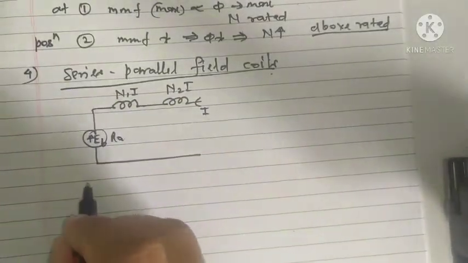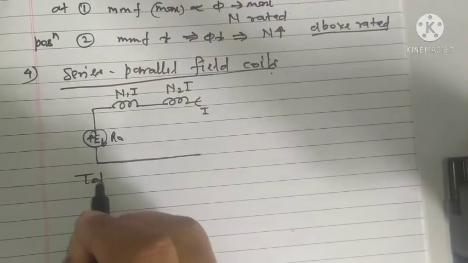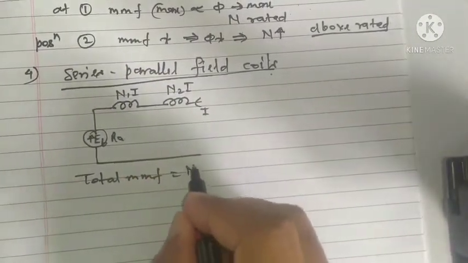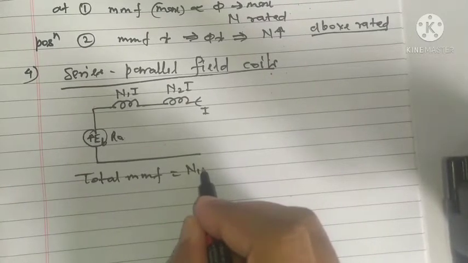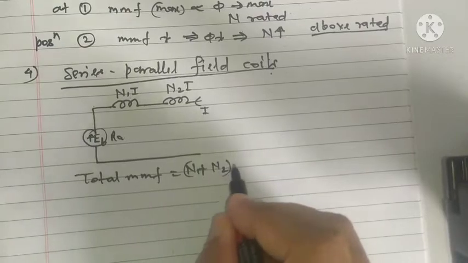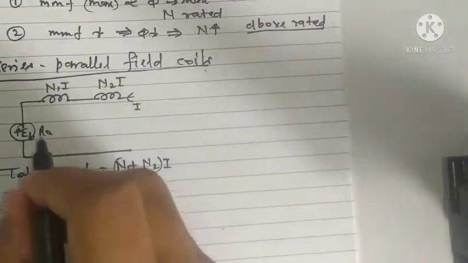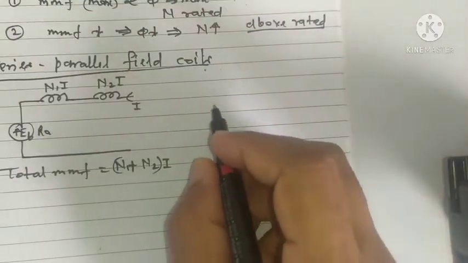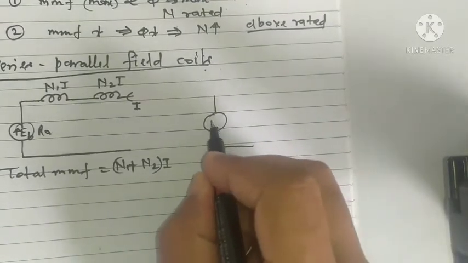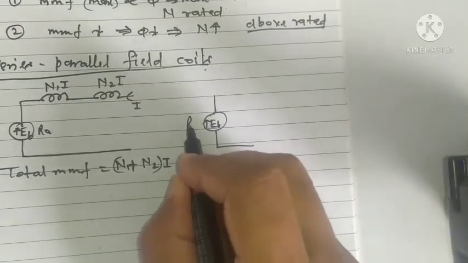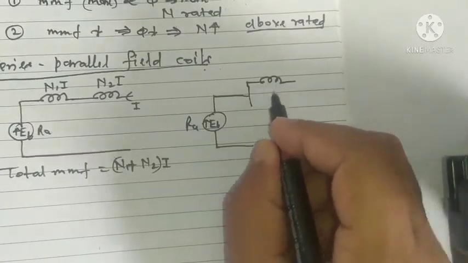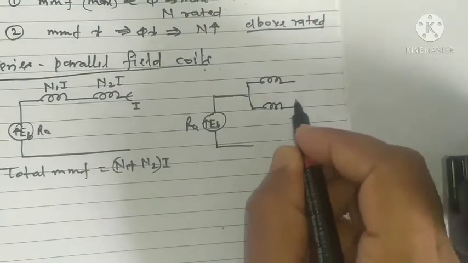So here the total MMF will be the summation of these two MMF, N1 plus N2 times I. If I connect them in parallel, then MMF will reduce. So they are reconnected like this in parallel.